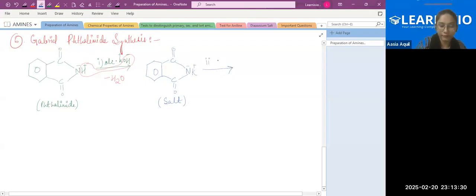Again, the second step, when you give alkyl halide, what happens? You know that in this bond, when you cleave this, it will get negative charge and it will have positive one, right? So what happens here? This positive will attack this, and from here KX will be removed.